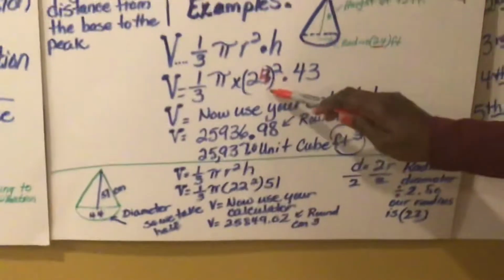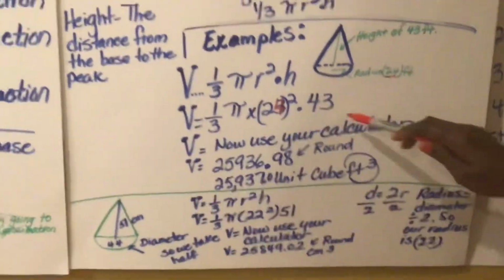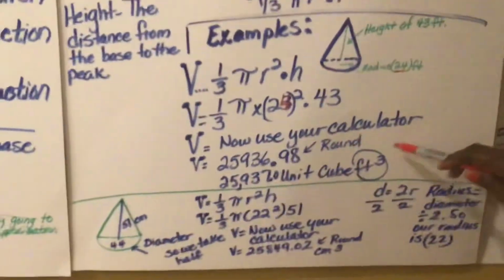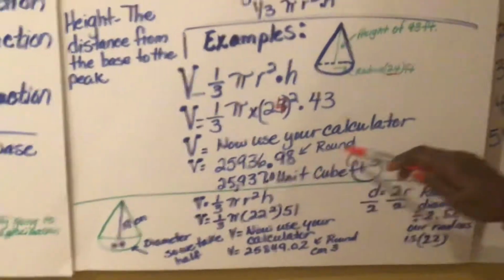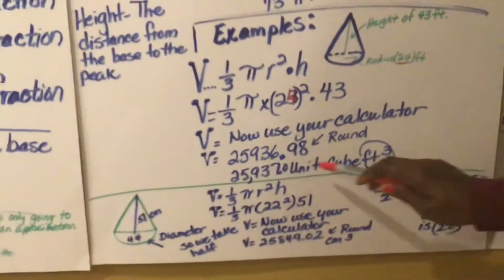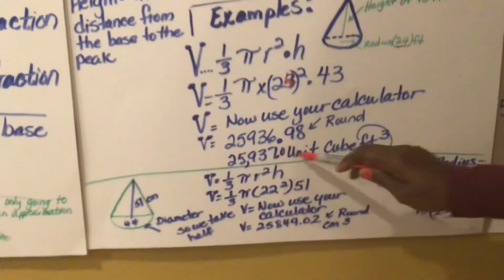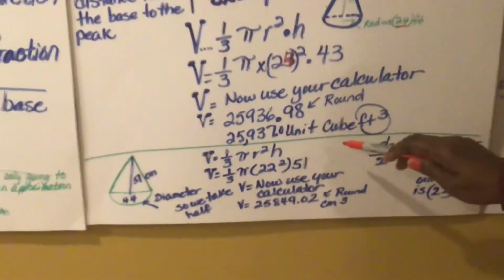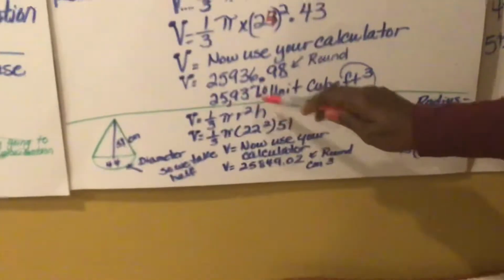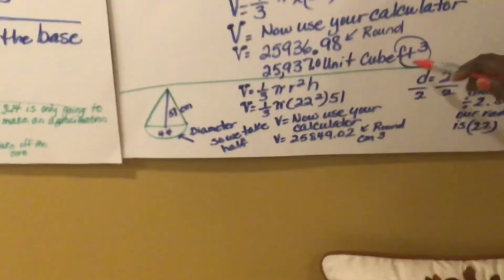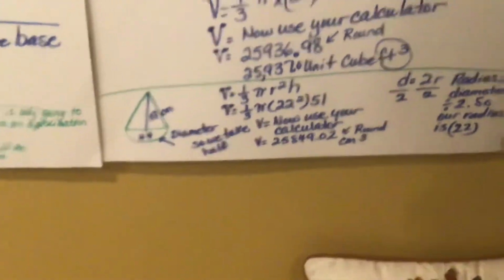Okay, and then you're going to take that and multiply it by 43. When you use your calculator, you should get 25936.98. If it has a 0, you would need to round it and remove the 0. So your answer would be 25,937 cubic feet.